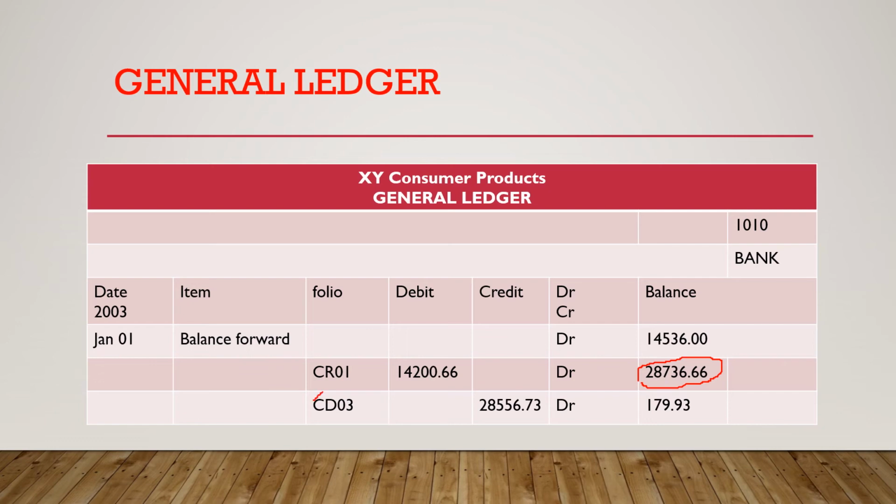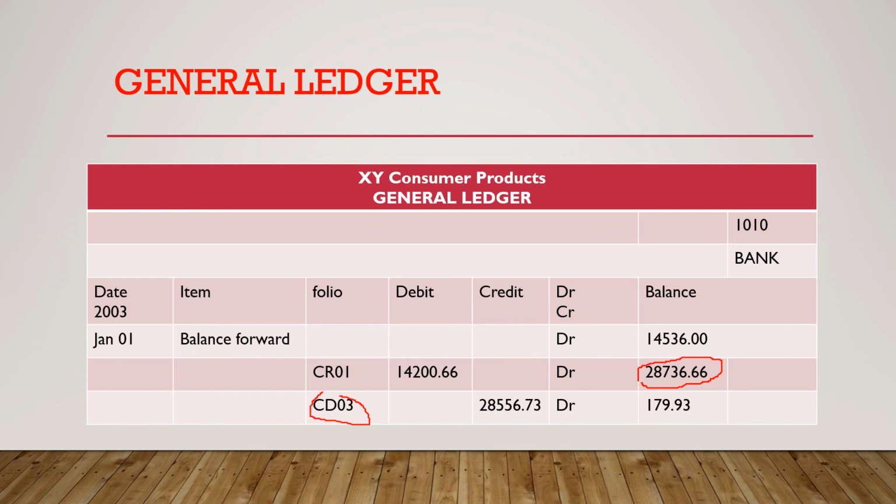If you go to that journal, you will find the balance of 28,556.73, and it's a credit amount. The amount that you're taking from that journal is a credit. When you bring it here, because it's a credit and this is a debit, you will subtract.